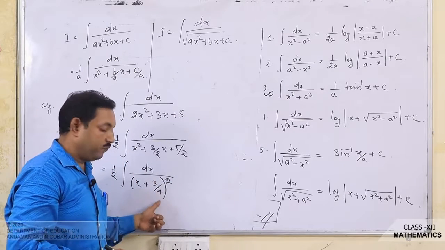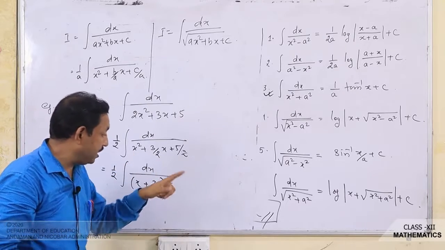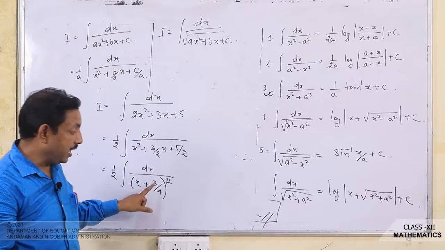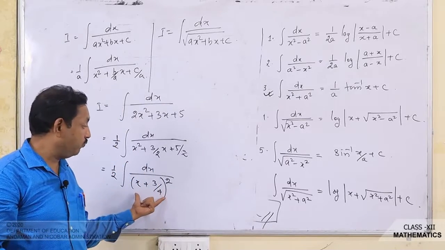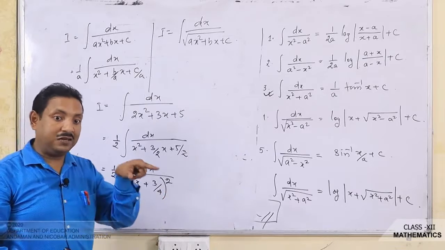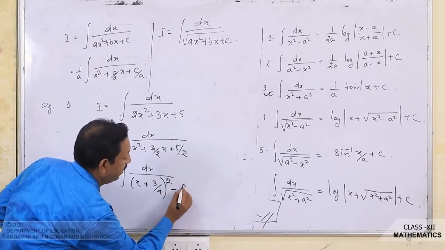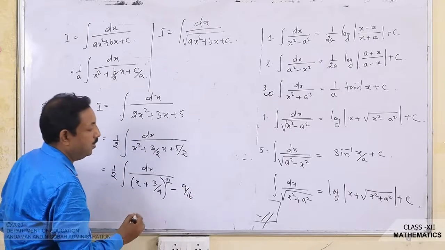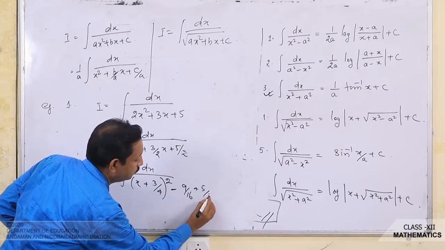X plus 3 by 4 the whole square will give you x square plus 3 by 2 x plus 9 by 16. One extra term will be there in this x plus 3 by 4 whole square, and that has to be subtracted, that is why I put here minus 9 by 16 also, and we have 5 by 2 with it.